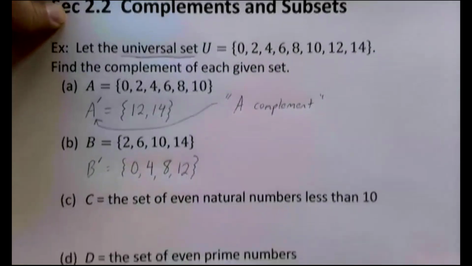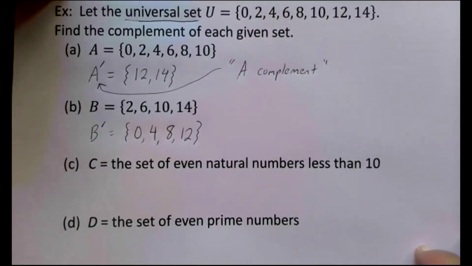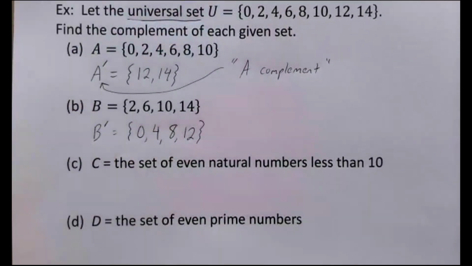The next couple questions are a little different because the set that we're trying to find the complement of is given as a word description. This says that set C equals the set of even natural numbers less than 10.